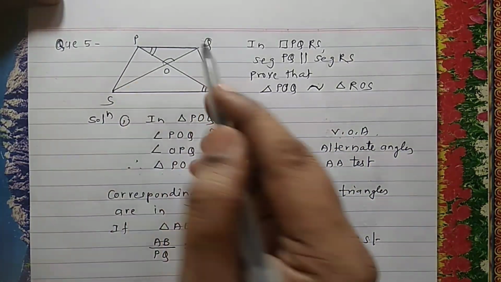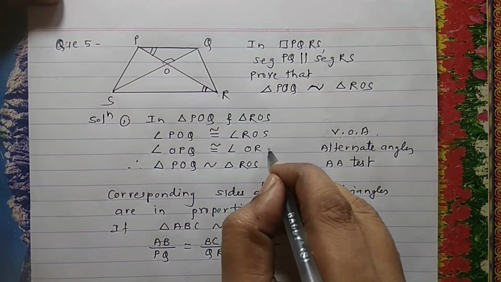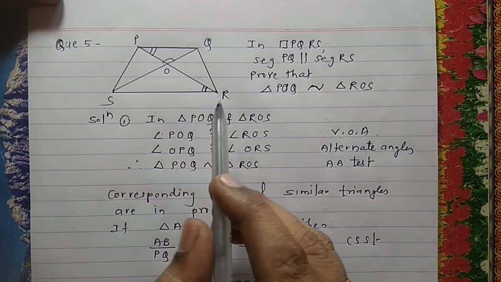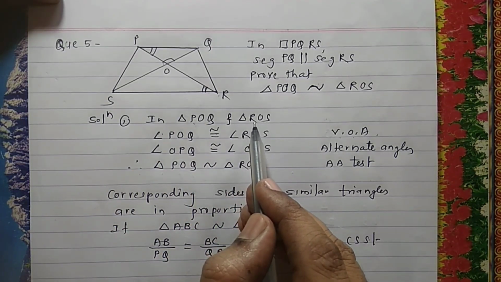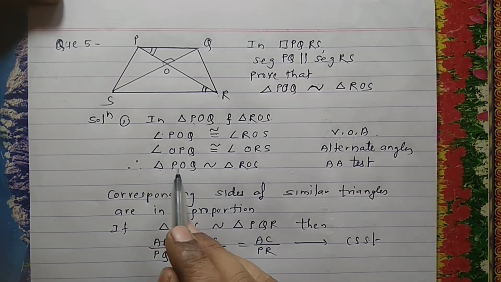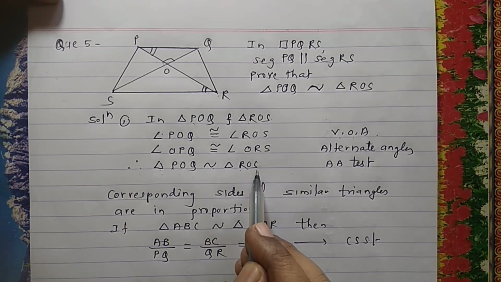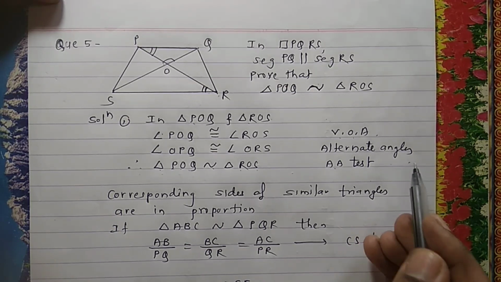So angle OPQ is congruent to angle ORS. So what did I prove? Two angles of this triangle POQ are congruent with two corresponding angles of triangle ROS, and therefore triangle POQ is similar to triangle ROS. Reason AA test of similarity.